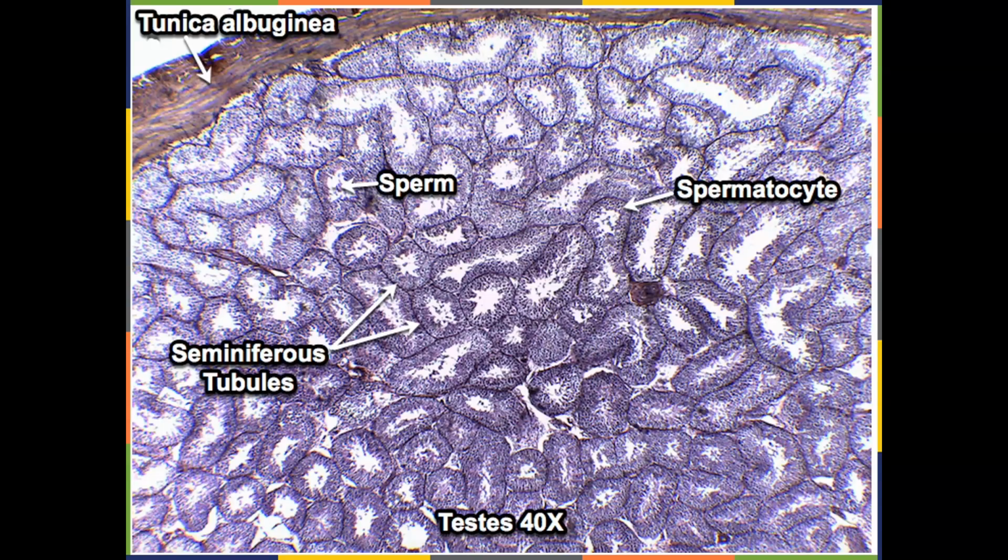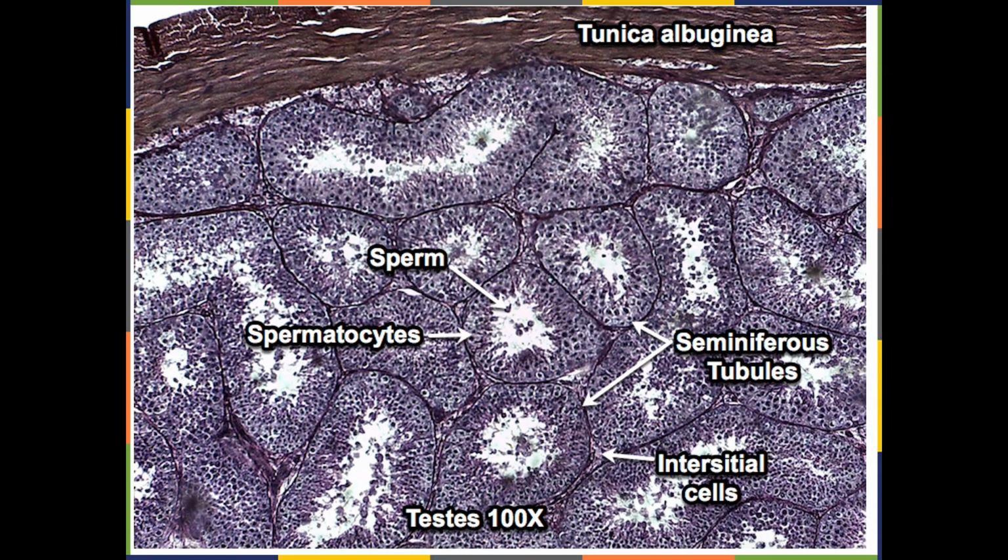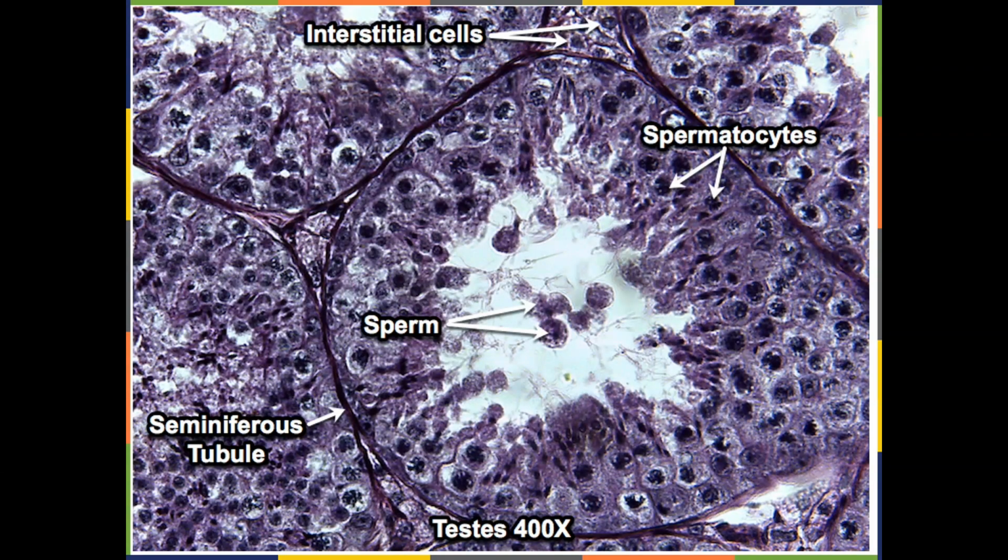The outer layer of the testes is fibrous connective tissue known as the tunica albuginea. Here we can see regions where there are interstitial cells that produce testosterone. We can see the spermatocytes that are going through meiosis to produce spermatids that are released into the lumen to form the sperm or spermatozoa.